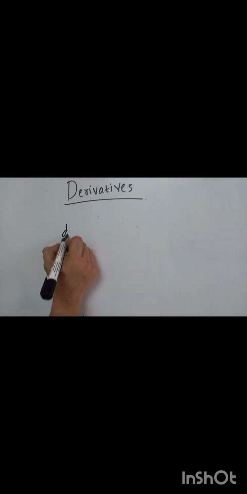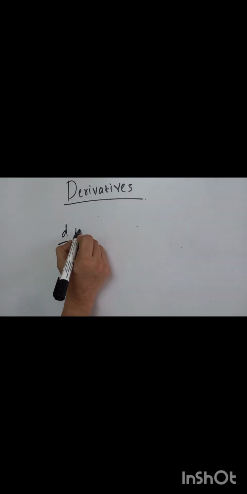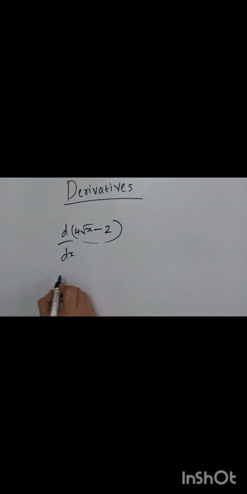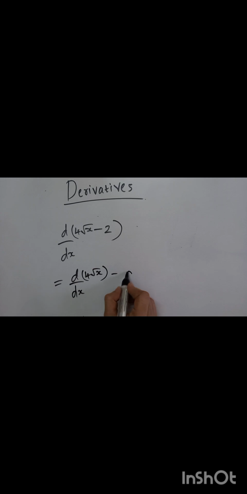Now what is the derivative of 4 square root of x minus 2? Okay, 4 square root of x minus 2. So here this is also a subtraction or difference of two functions. So find the derivative of the first function minus the derivative of the second function. So it is d by dx of 4 square root of x minus d by dx of 2.